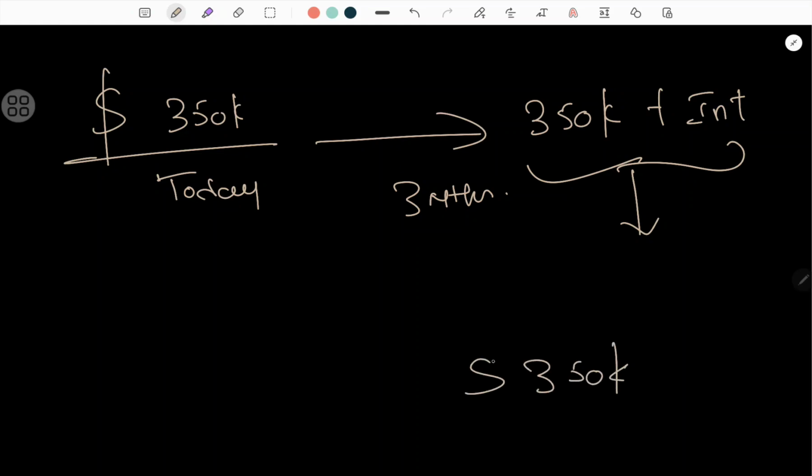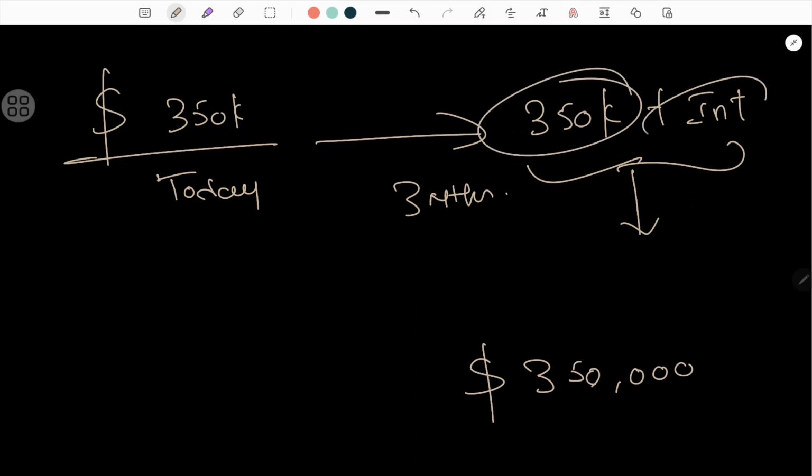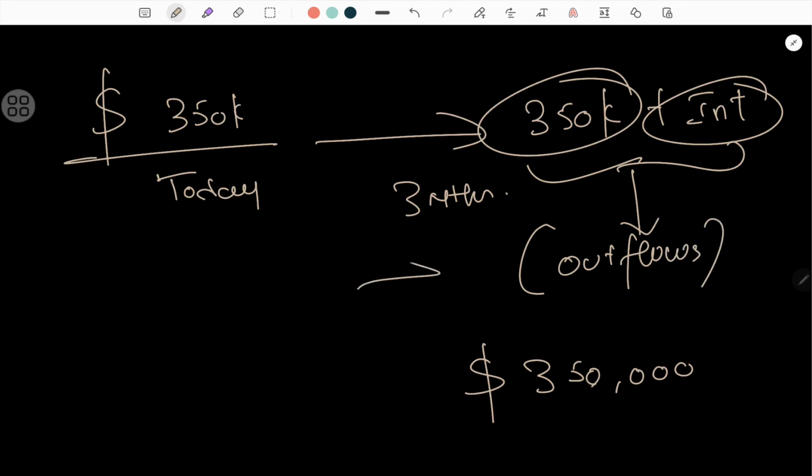Are you able to understand? Let me write this fully. If I borrow 350,000 today, at the end of 3 months I have to pay this amount plus the interest. These are my outflows after 3 months, whereas my inflow would be only $350,000, because the exporter is going to receive only this.